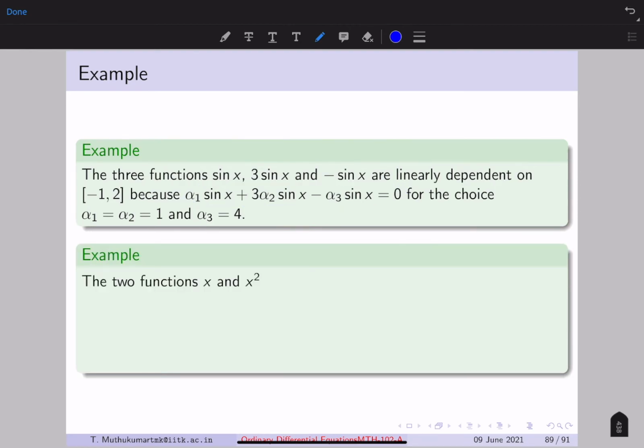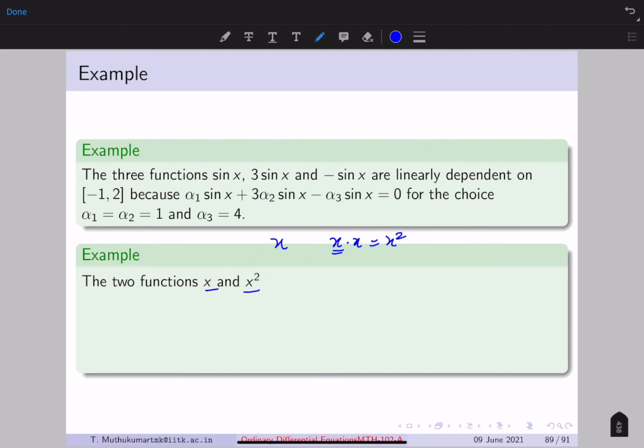Now what about these two, x and x squared? How do I get x squared? I take x and multiply by x to get x squared. The domain of x is of course the real numbers.